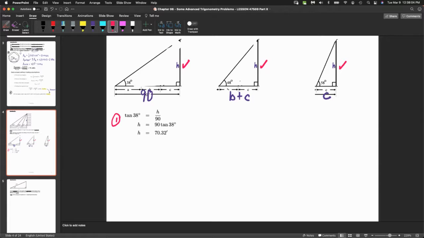I'm not a fan of the middle triangle because it's B plus C. It's a little bit irritating. I think it would be easier for us to go for C. Do you see how it's a little bit simpler on C? Because we know this number here is 70.32.